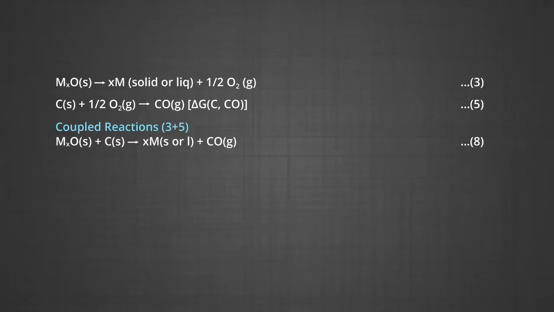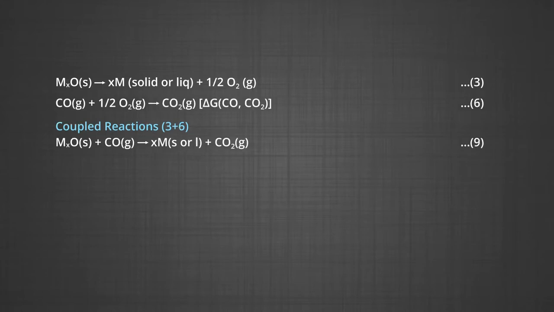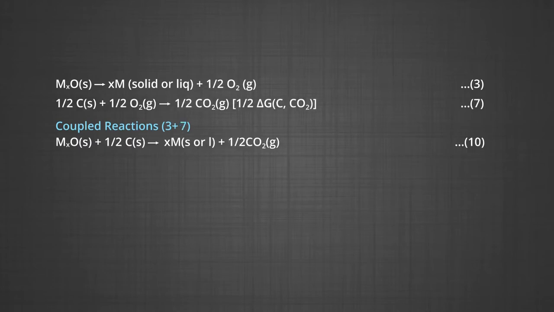Metal oxide plus carbon gives metal in the solid or liquid state plus carbon monoxide. Metal oxide plus carbon monoxide gives metal plus carbon dioxide, or metal oxide plus carbon gives metal in solid or liquid state plus carbon dioxide.